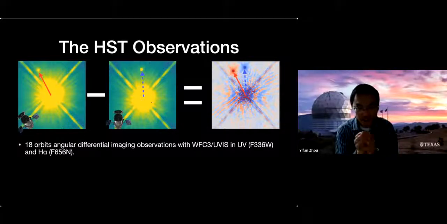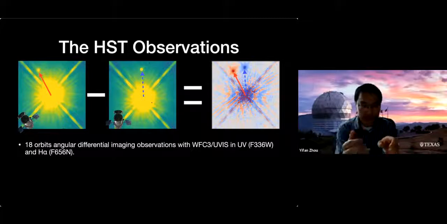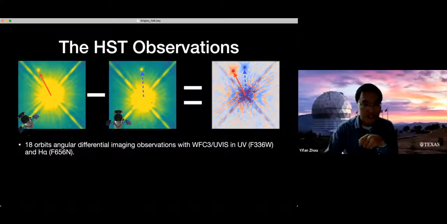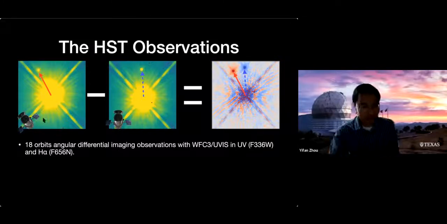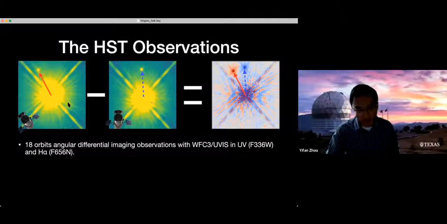Here I show a simple example of how to conduct angular differential imaging with Hubble. You observe the same field with 2 different telescope roll angles. Because you are rotating the telescope, the actual astrophysical scene appears to rotate relative to the structures that are fixed onto the telescope.